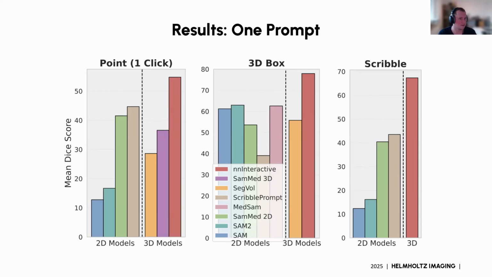I should also emphasize that when we are doing point prompts, all the 2D models perform quite well here, but this is just because for the 2D models we have to give one prompt per slice, whereas for the 3D models we give one prompt, period. So the 2D models actually require a lot more effort to get to this state than the 3D models.